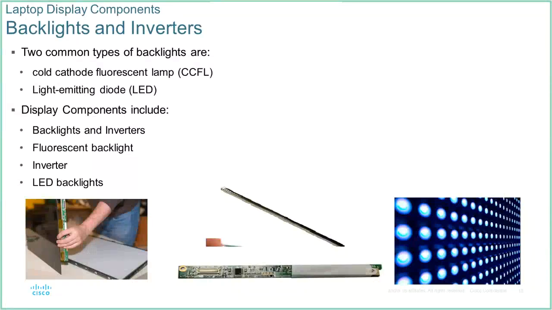So in large screen TVs, the fluorescent lamp system used to be known as plasma screens. They were the screens that you got for live action, like playing sports and things like that on. The problem with the cold cathode fluorescent lamp is heat. They put out a lot more heat.